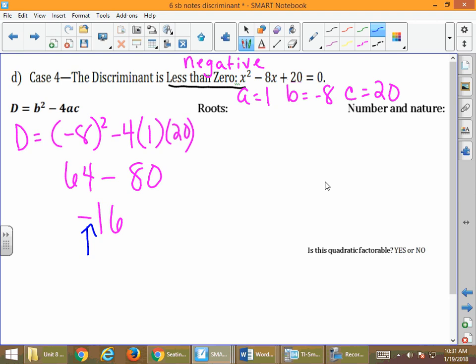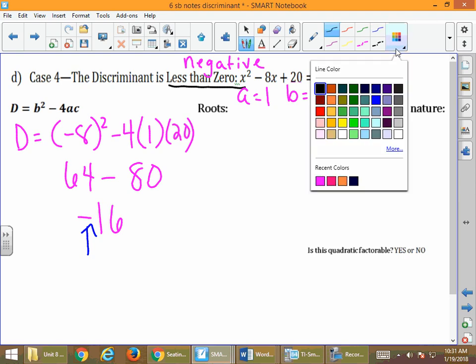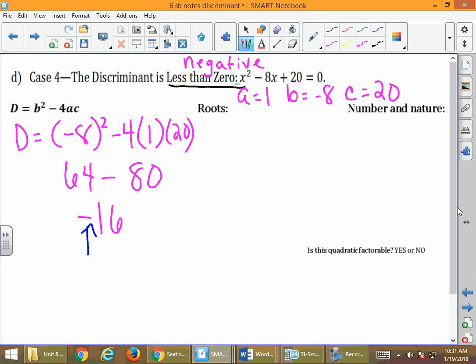Well, let's look. What kind of answers do we get when we're working with the discriminant less than 0? Try to keep it a little bit simple again. The opposite of B, plus or minus the square root of negative 16. We just found that value. There's no reason to write it again.